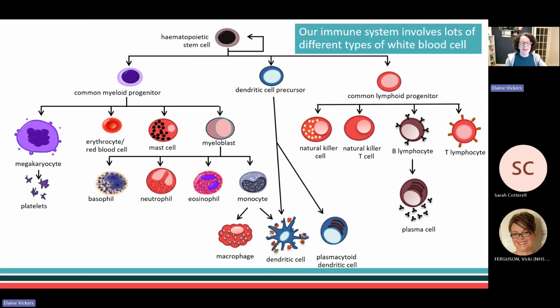I hope it doesn't come as a surprise to you that there are many different types of white blood cell that exist in our body that have functions in terms of ridding our body of all sorts of bacterial infections, viral infections, parasitic infections. They keep our tissues and organs free of debris, free of damaged and dying cells, and importantly, also free of cancer cells.